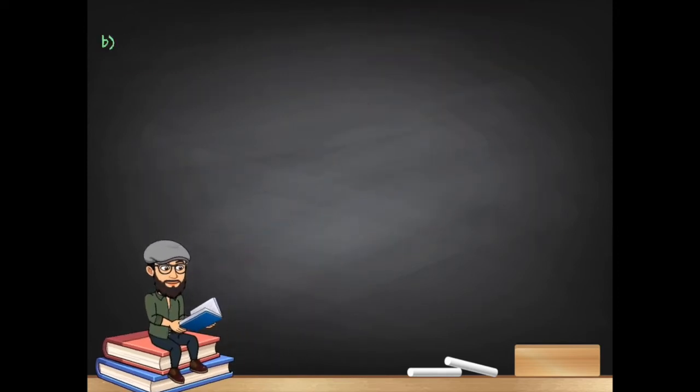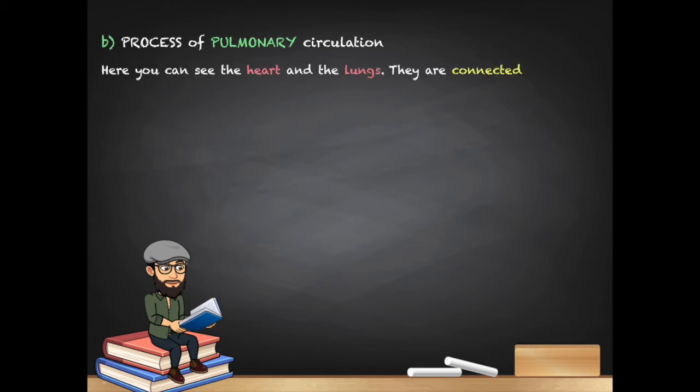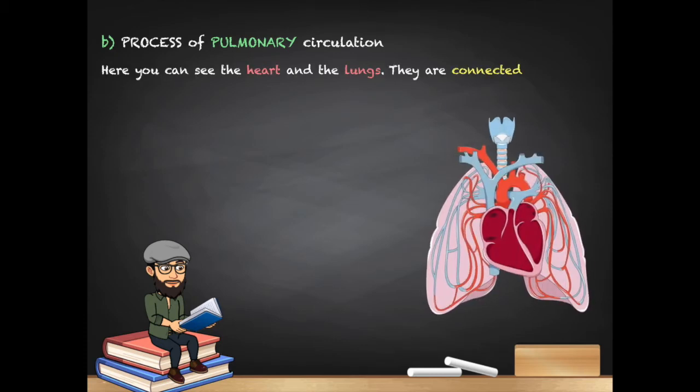And now let's see the process of the pulmonary circulation. Here you can see a picture of the heart and the lungs. They are connected. The process, number 1, starts here. Blood without oxygen travels through the veins.